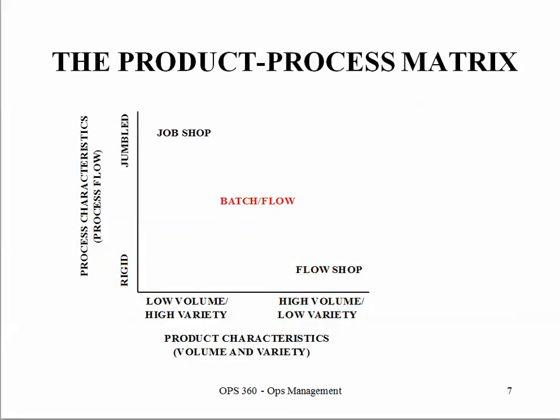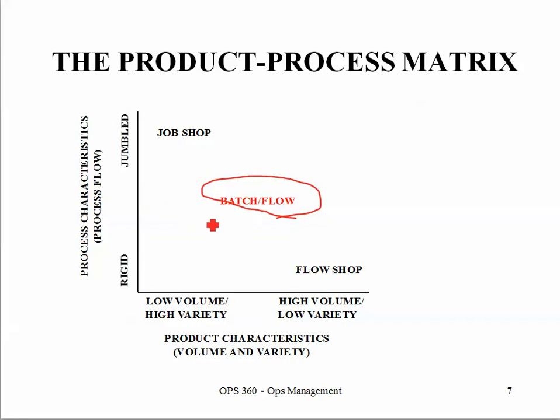In between these two extremes, the job shop and the flow shop, you have a batch operation, or as I like to call it, a batch flow operation. And this is an operation where the flow is in between rigid and jumbled. There tends to be a standard sequence of steps, but not all parts are going to flow through that same sequence of steps.